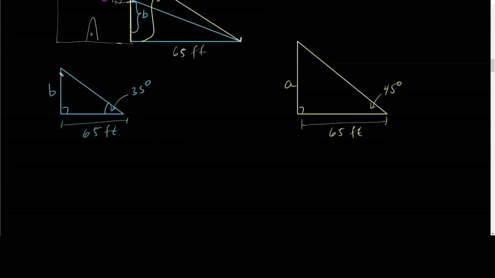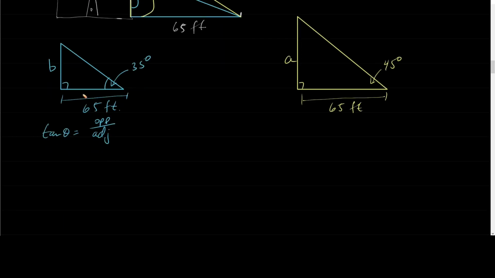So let's work with the blue triangle first. In here, since I want to relate the sides that I'm given with the angle that I have, I'm going to say, well, based off of this angle, we've got the opposite and the adjacent. So we know that has to be tangent, because tan theta is opposite over adjacent, right, from SOHCAHTOA.